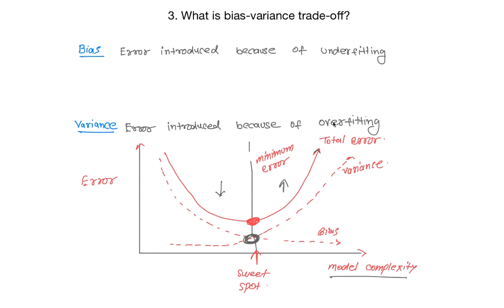That means the data scientist has to make a trade-off between bias and variance. A data scientist has to select a sweet spot where they can find the minimum of the total error, but it should have some bias and variance as well. So this is the bias and variance trade-off.